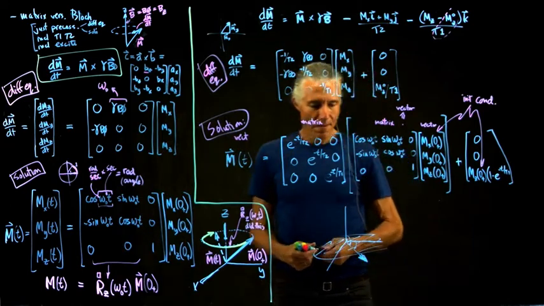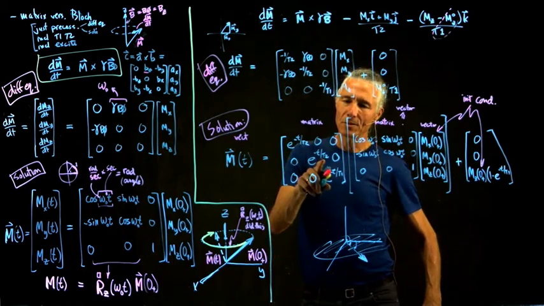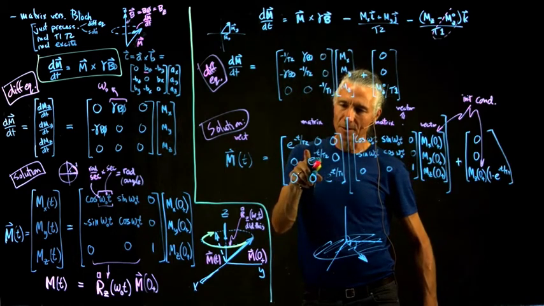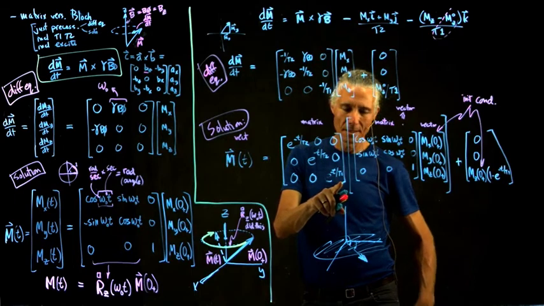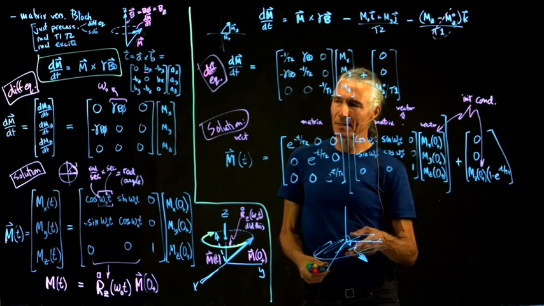And then, assuming you know what the T2 and the T1 are, you can predict exactly what's going to happen to this at any point in time.